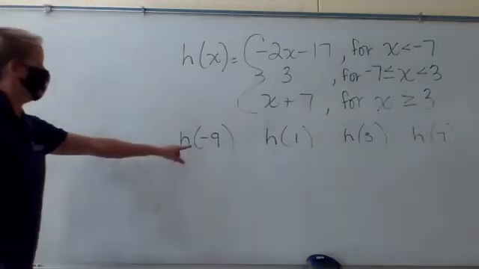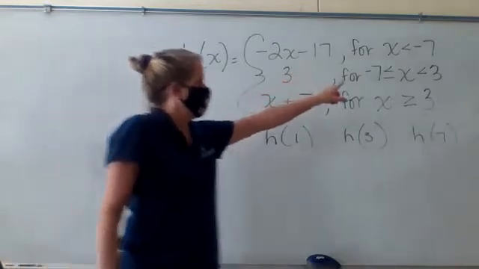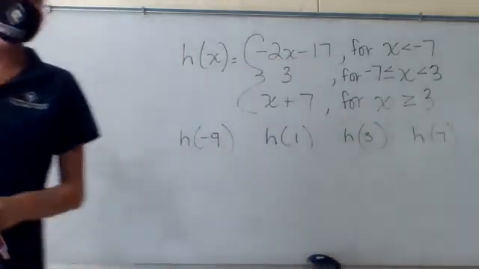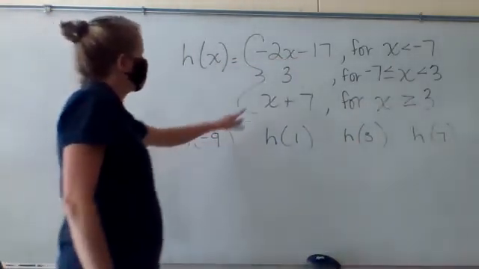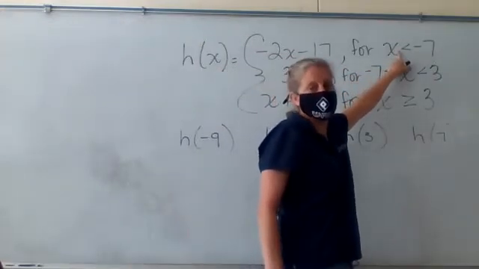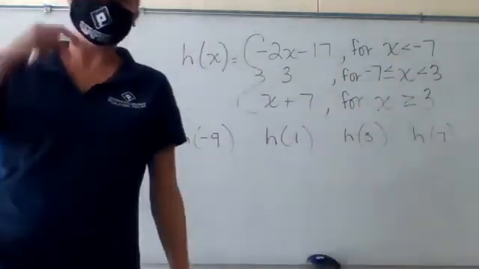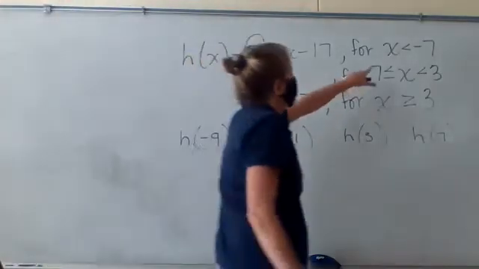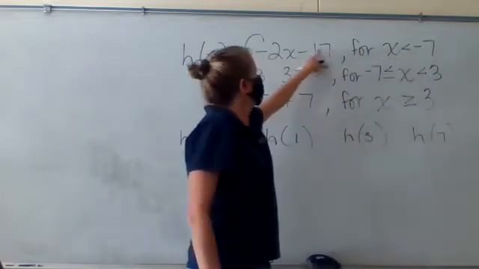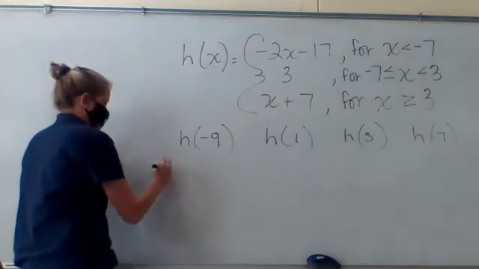So again, what you do first is take this number, this -9, and find which piece it falls into. So let's see. -9, is -9 less than -7? And it is, right? -9 is below, it's more negative than -7. So it's below -7, which means it does fall into this piece. So this is what I'm using. -2x minus 17.